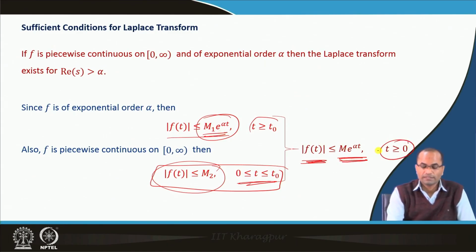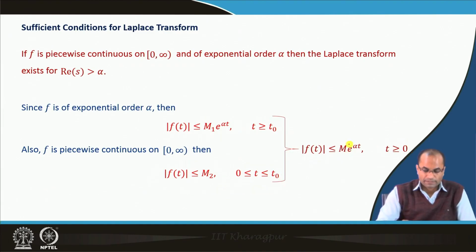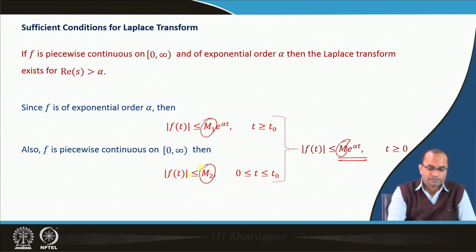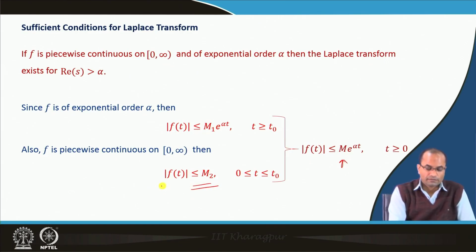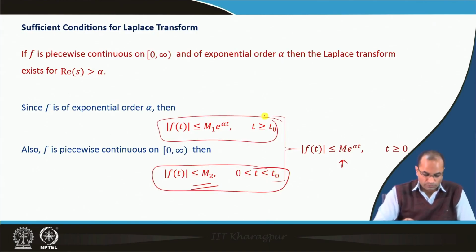So, for all t actually this is bounded by this m e power alpha t because of these two reasons. We can find this m accordingly based on this m 1 and m 2. We can choose, for instance, the maximum of the two, then this m will serve the purpose that it will be satisfying this inequality as well, and naturally this inequality.